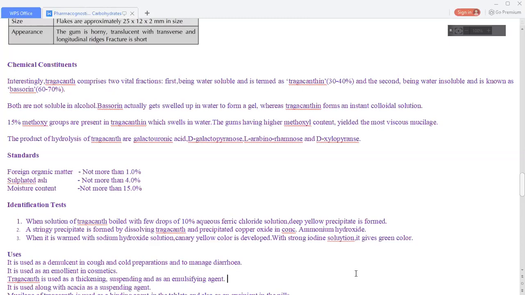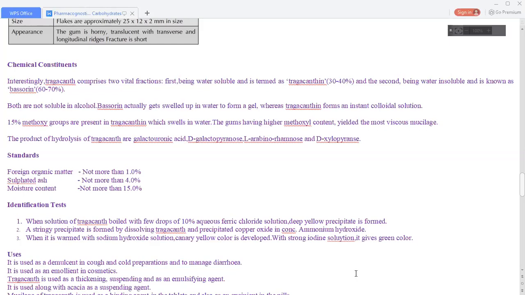The first test: the solution of tragacanth when boiled with a few drops of 10% aqueous ferric chloride, a deep yellow precipitate is formed. The next test includes a stringy precipitate.